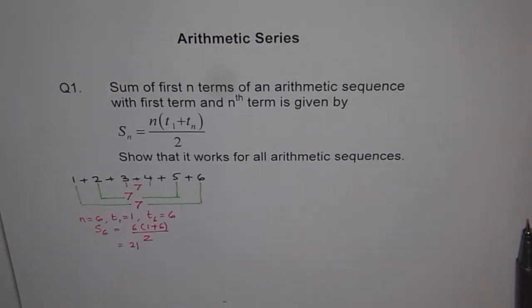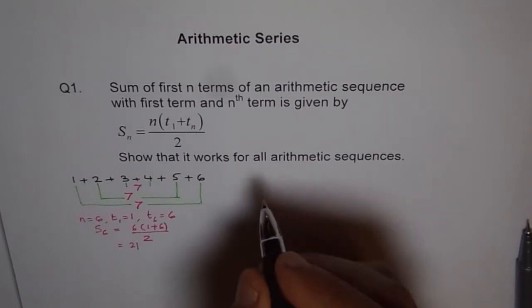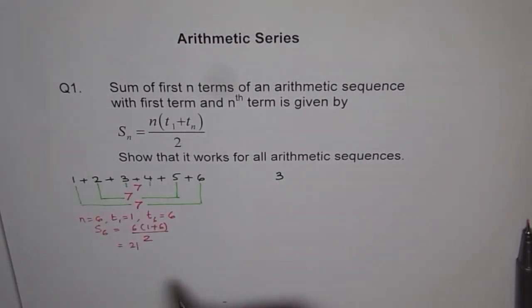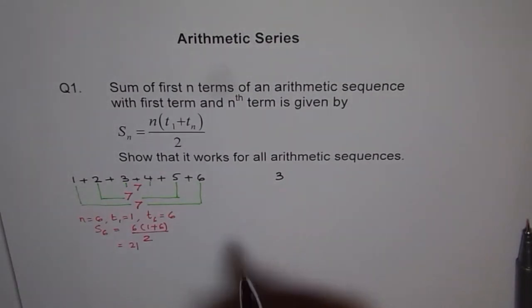Now you will think that this was such a simple problem. I just took 1 to 6 and showed it. If I take some other set of numbers, let us say that we start with some other number, not just 1. Let's say we start with 3, and let us not go up by 1; let's go up by 2 this time.